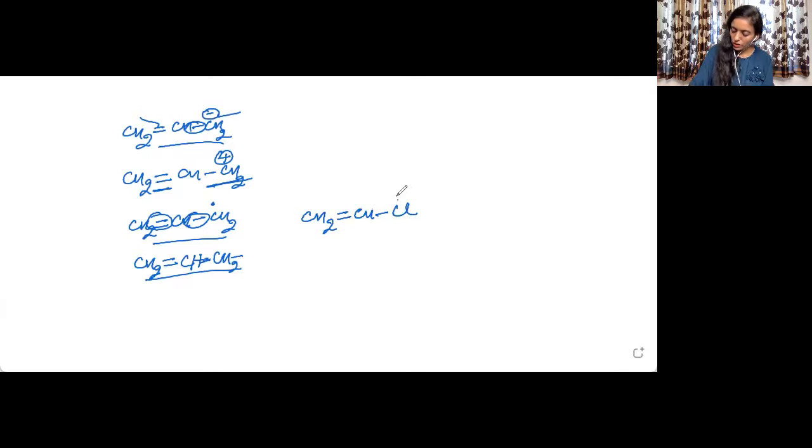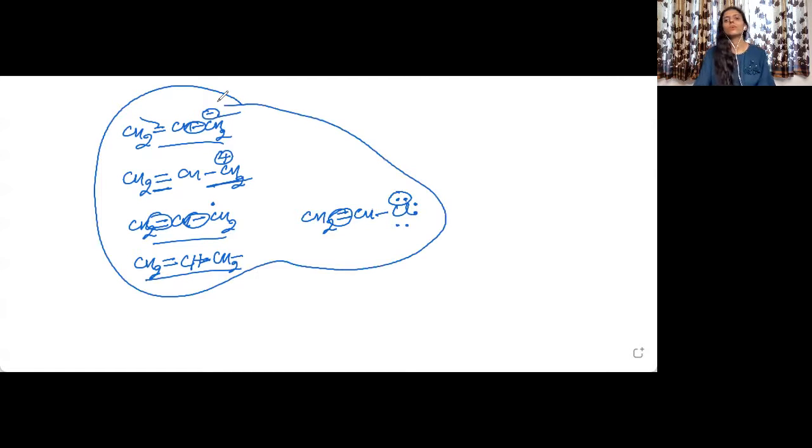Okay, now this chlorine is having 3 lone pairs. The distance between this lone pair and this double bond is 1 single bond. Again, it is a conjugated system. Now, in all these systems, resonance is going to happen. Simple. So how to recognize whether resonance is going to happen in a system or not?